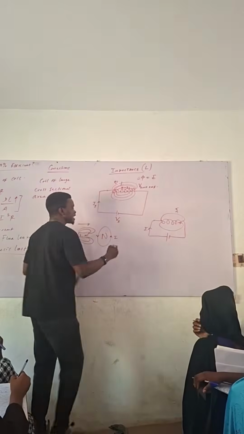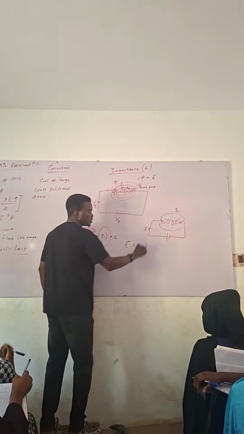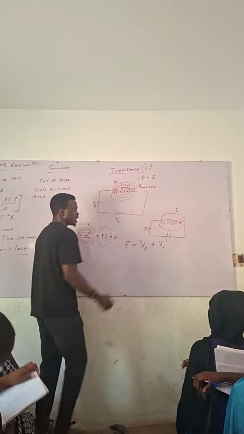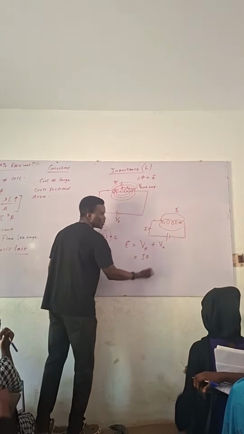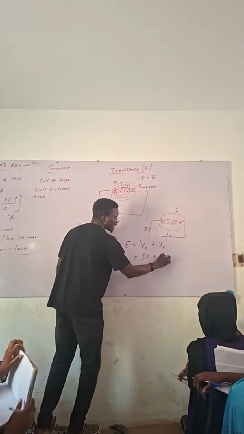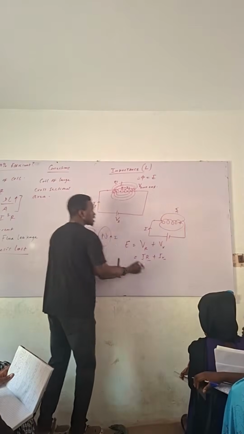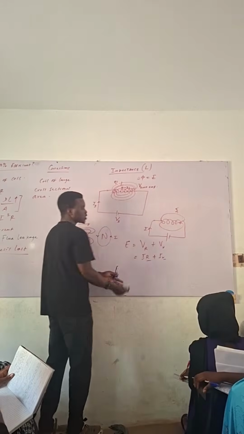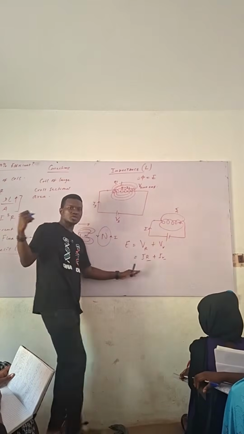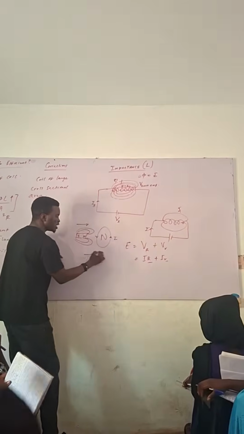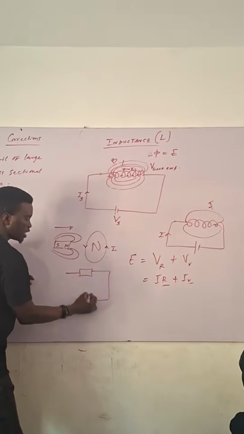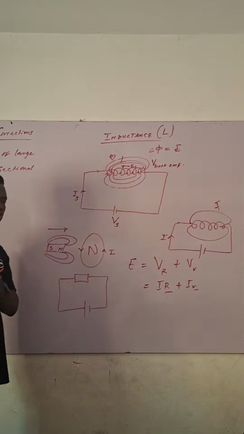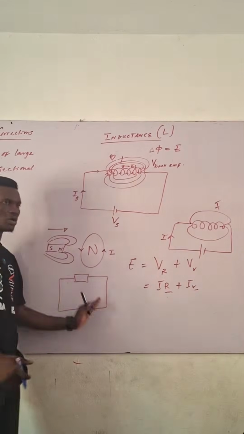And we always have that EMF is equal to external voltage plus internal voltage. External voltage is IR, and internal voltage is Ir. This one is only related to the battery itself, in case I'm talking about resistance. Because at DC level you usually connect only to a resistor, not an inductor. But when you get to AC circuits, you will be connecting inductors and resistors.